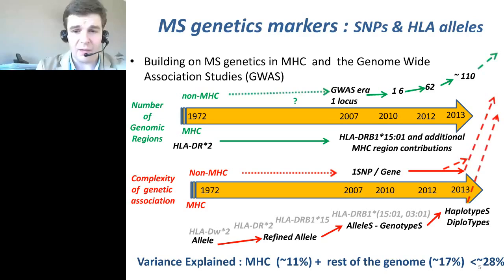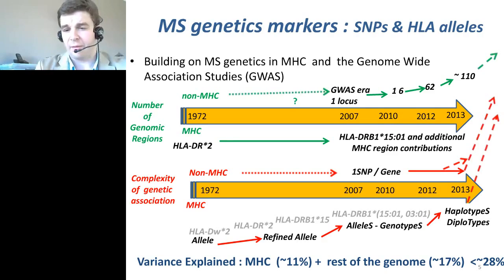And the same is currently happening outside the MHC, where more than one genetic marker is needed to describe the risk in a particular region. So it's really a quantitative change, in the number of markers, and also a qualitative change, because the complexity of the models has been evolving.